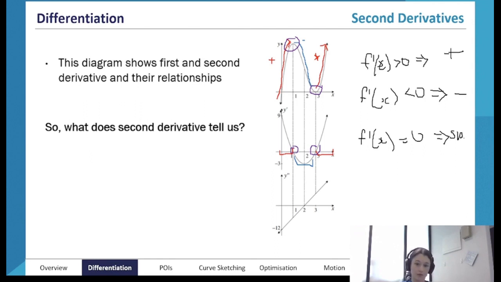So, remember the second derivative is the derivative of the derivative. So the second derivative tells us about the properties of the derivative function, but it also tells us about the properties of the original function, y. So we're going to go over those now.